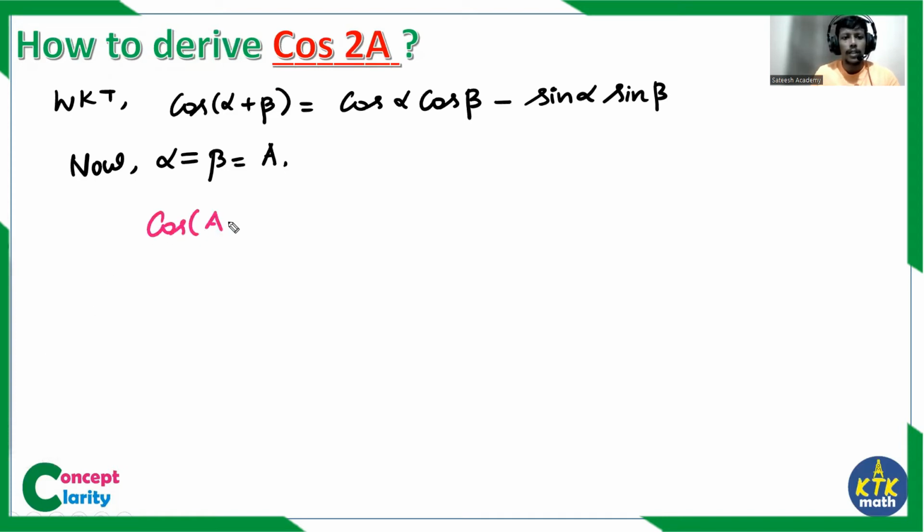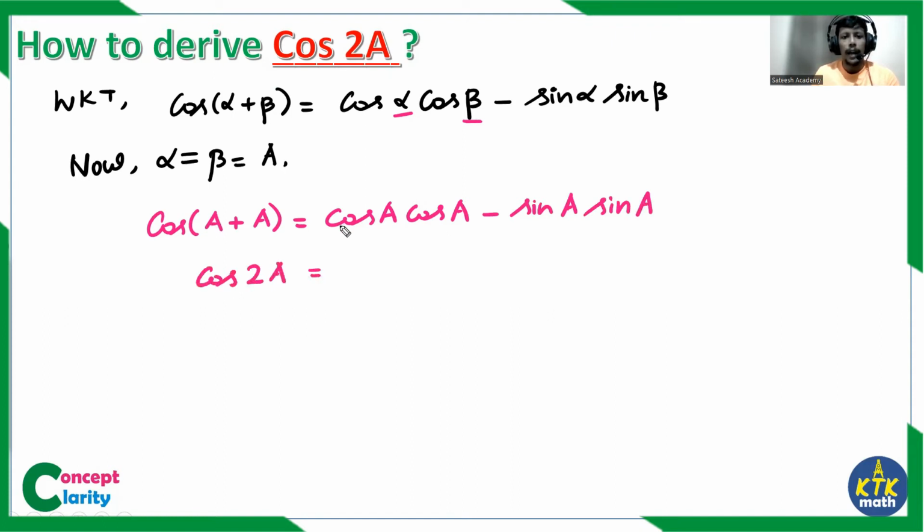Cos(A plus A) will give you cos A cos A, because alpha is also A and beta is also A. So cos alpha cos beta becomes cos A cos A, and the second term will be sin A sin A. On the left-hand side, cos(A plus A) becomes cos 2A, and the right side is cos square A minus sin square A. So that's all. This is the first identity for cos 2A.